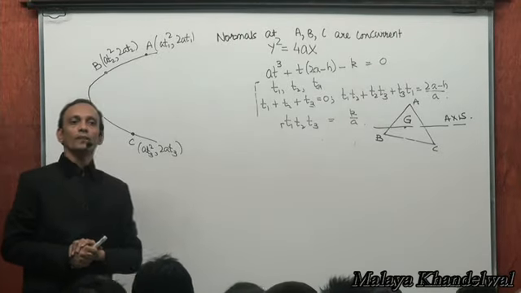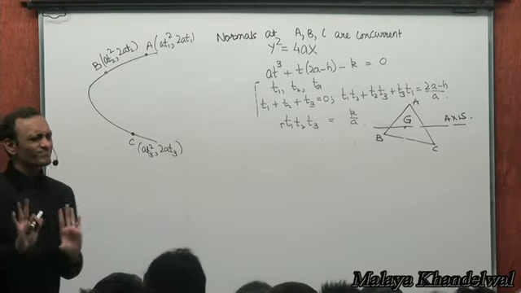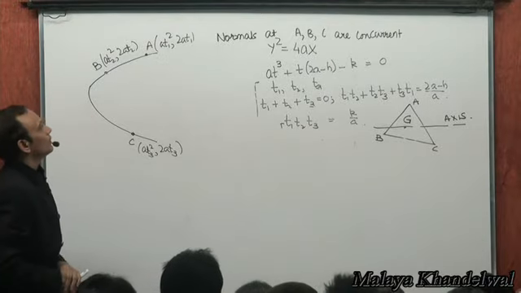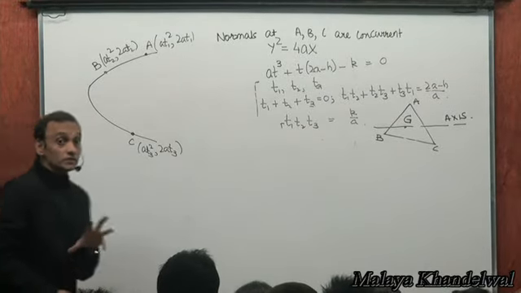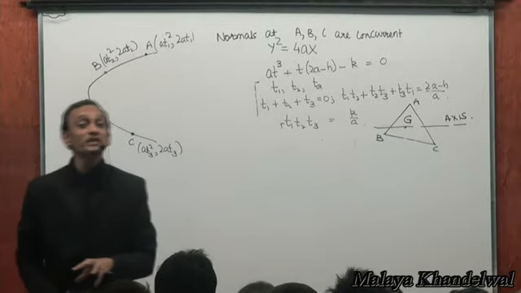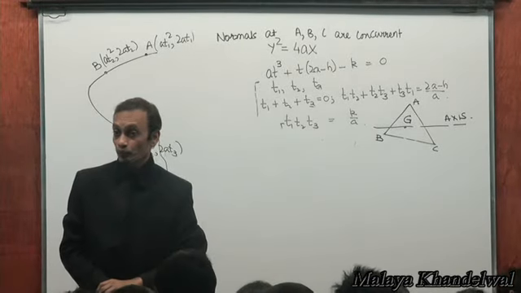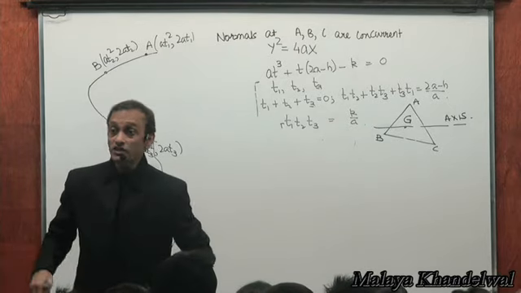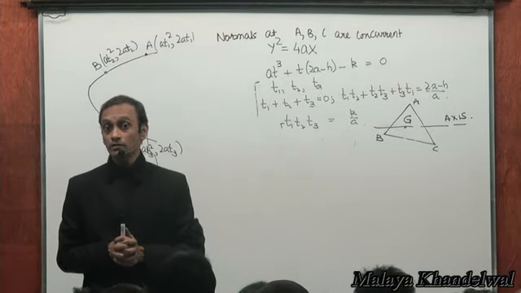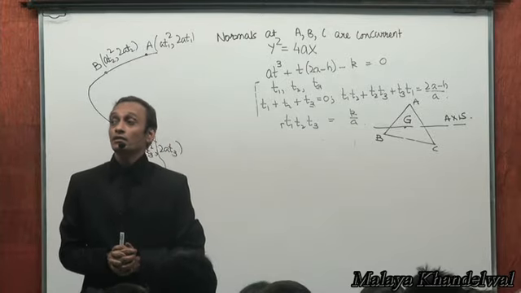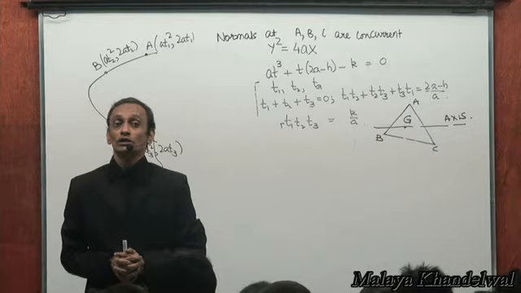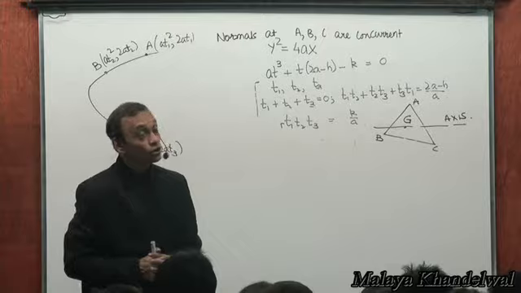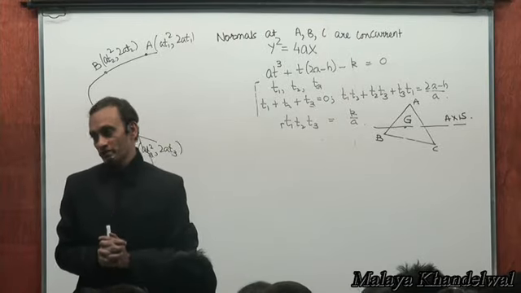Now, given 3 non-collinear points, how many circles could be drawn? Unique circle, right? Through these 3 points, a unique circle could be drawn. So let's examine the property of a circle that passes through 3 co-normal points.